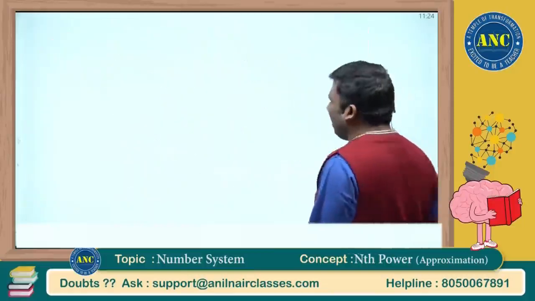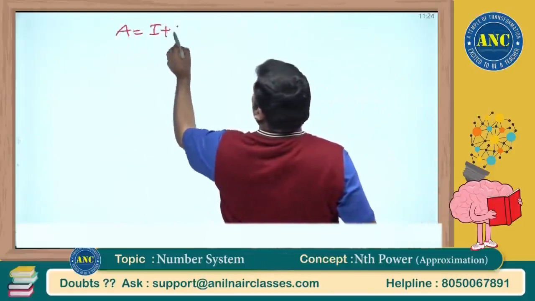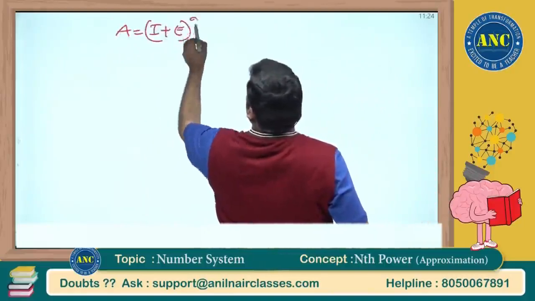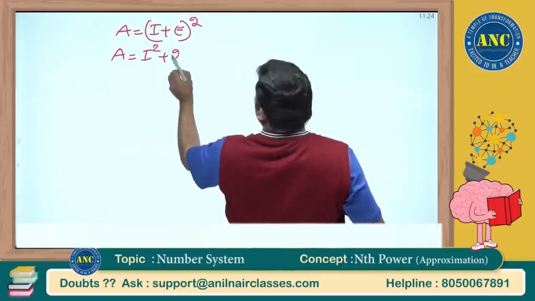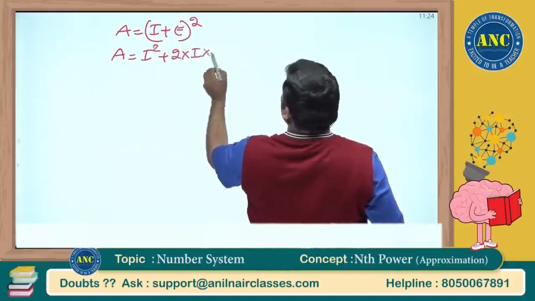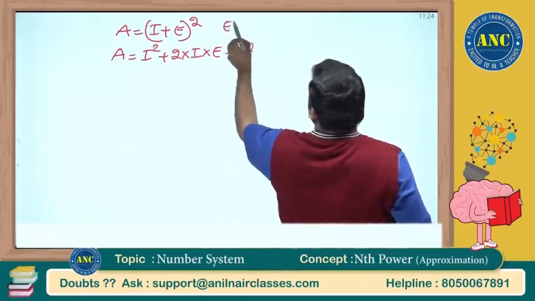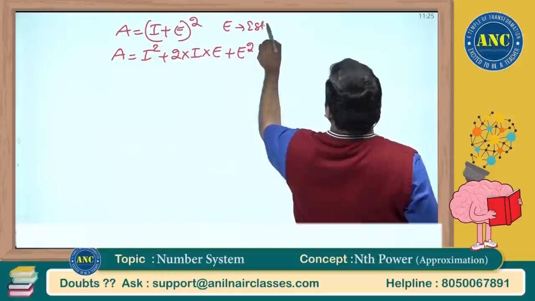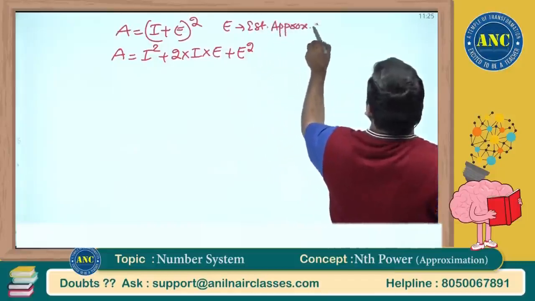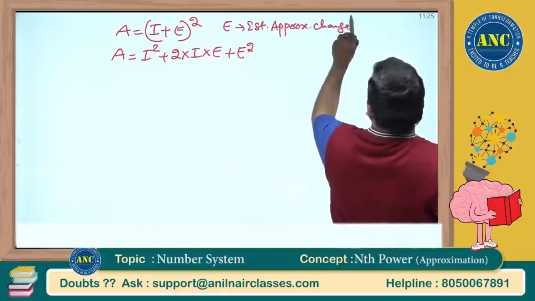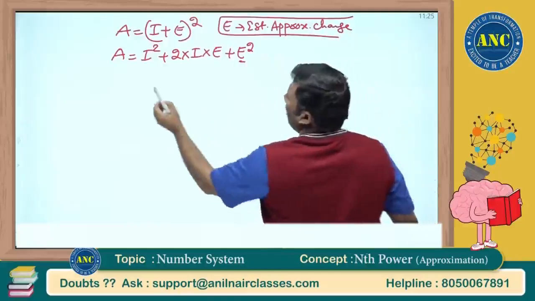Again I am writing, A is nothing but I plus E whole square. Once you understand, you can also teach the teachers. I square plus 2 into I into E plus E square. E is an estimated approximated change, a very small value.